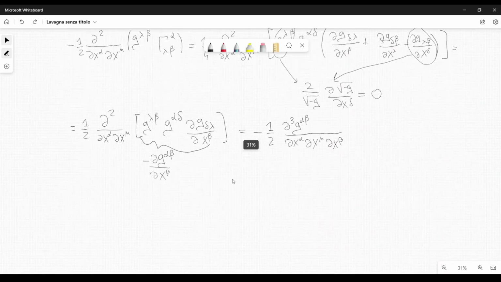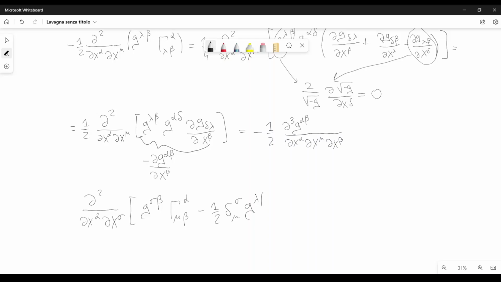So we found that d squared with respect to x alpha and x sigma of g sigma beta gamma alpha mu beta minus 1/2 delta sigma mu times g lambda beta times gamma alpha lambda beta is equal to 0.